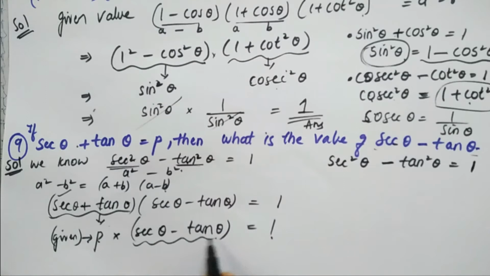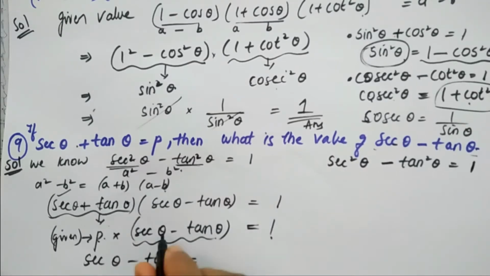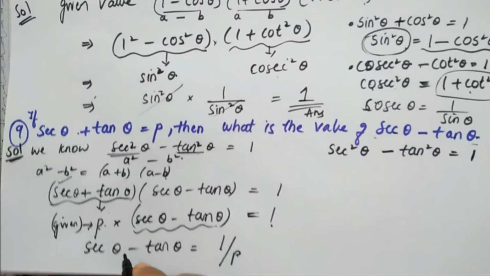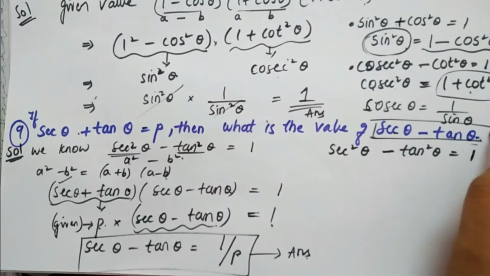So keeping secant theta minus tan theta here, we will send this P to the other side of the equation. Since it's a multiplication here, it goes to the other side and becomes division. So 1, we write secant theta minus tan theta as it is, only P is changed, divided by P. So this is our answer. Yes, this is what they were asking in the question.